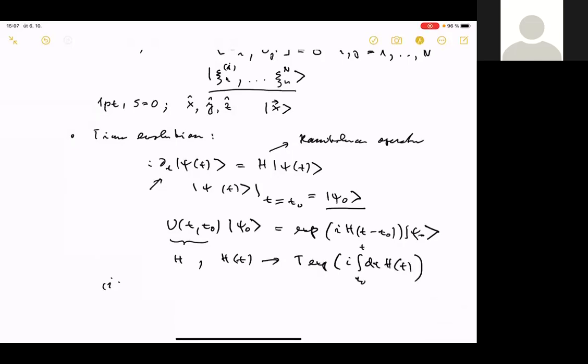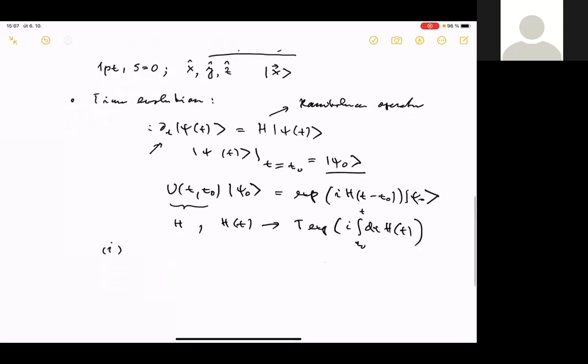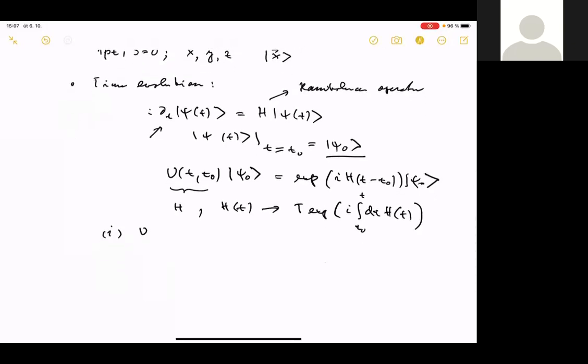There are several important properties of this time evolution operator. The first one is the initial condition. At t equals t0, the initial time, this operator should be 1 because it should reproduce this initial condition for the time evolution. The time evolution should be unitary.